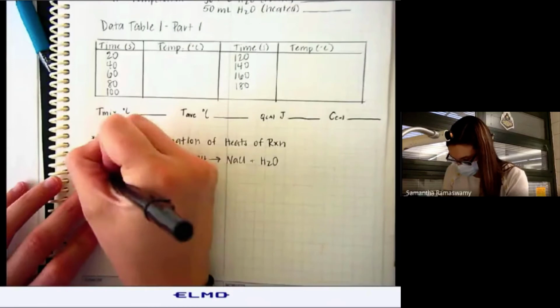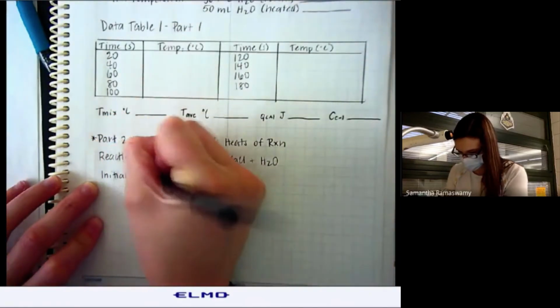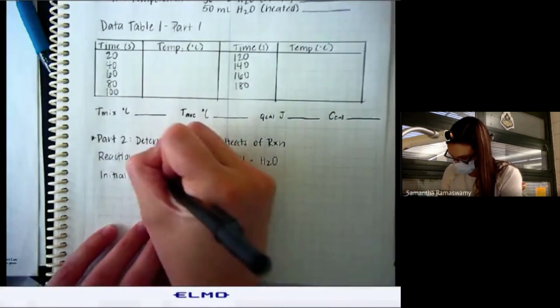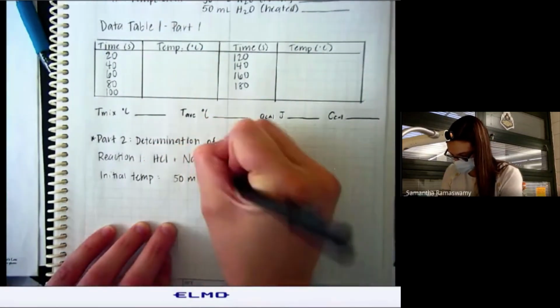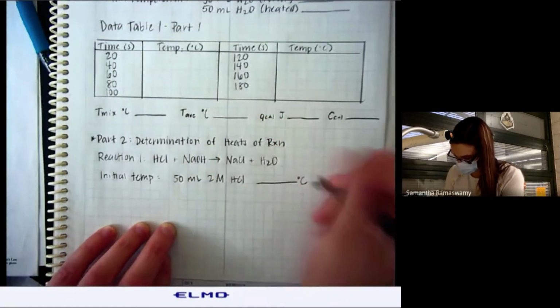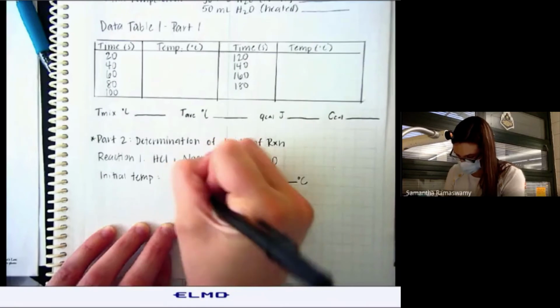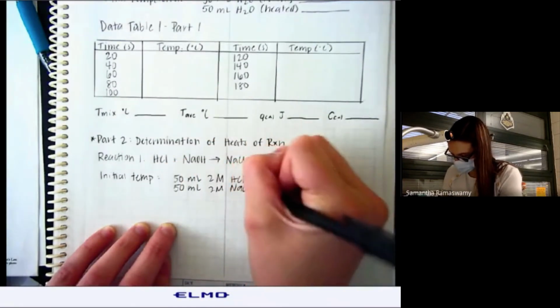So initial temp, 50 milliliters, 2 molar HCl, put a blank. 50 milliliters, 2 molar NaOH, put a blank.